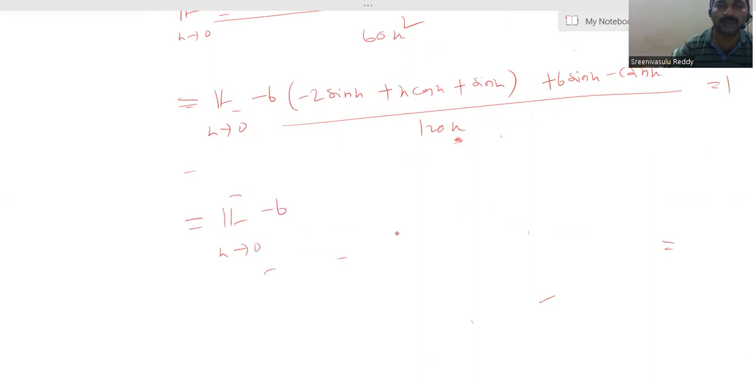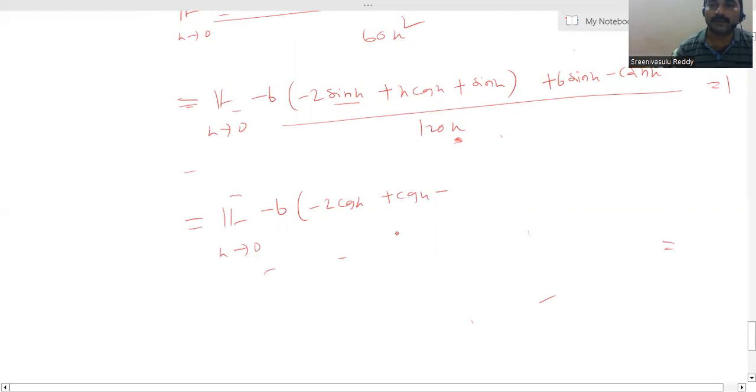Minus b times of sin x, derivative is cos x. Just simply reduce the exponent in the denominator of a polynomial to a constant by taking consequent derivatives. X into cos x: derivative of first function into second function minus first function into x value plus first function into derivative of second function.